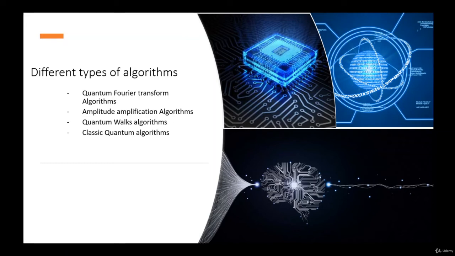The next type of algo that we are going to talk about will be the quantum walk algorithms. This type of algorithm is based on the classical random walk algorithm, which is a classical algorithm, and can be viewed as the quantum version of it. We can describe this algorithm as a quantum superposition over some states.